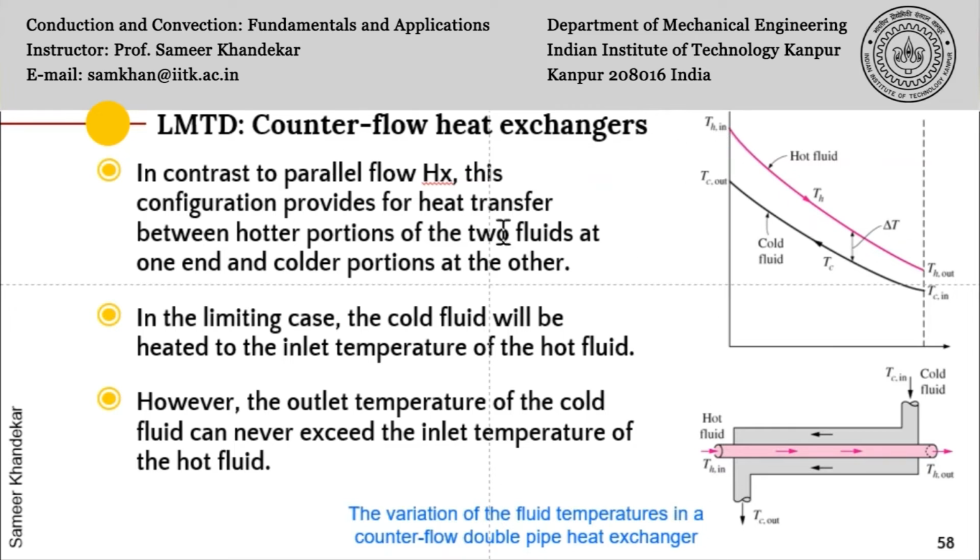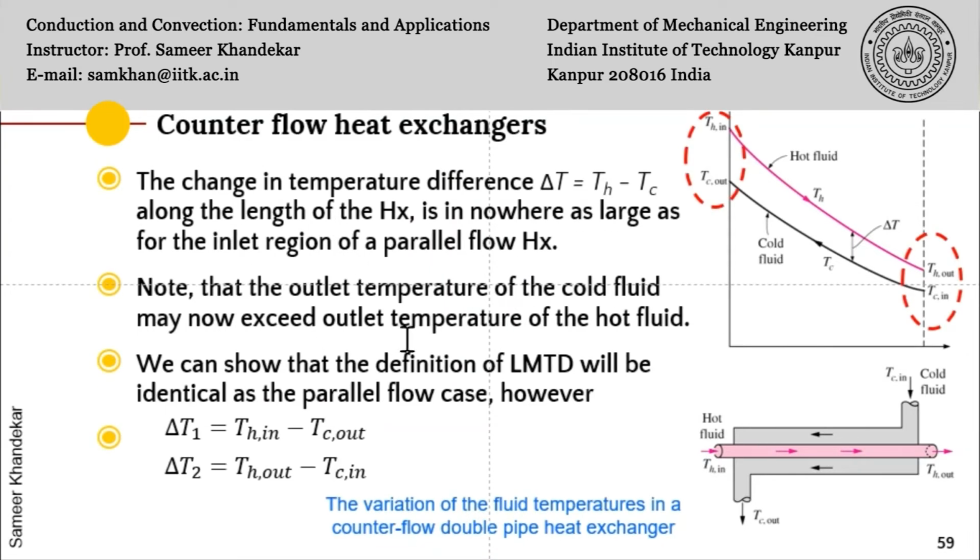We can apply the energy equation to this counterflow also, and you will see that the expression for LMTD is more or less exactly the same. That is what is shown here. The change in temperature difference delta T, that is Th minus Tc, along the length of the heat exchanger is nowhere as large as at the inlet region of a parallel flow heat exchanger.